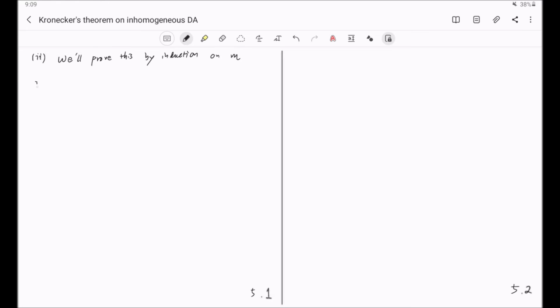First of all, if m is equal to 0, or the script M defined above is trivial, then statement number 2 is trivial, because this is a trivial abelian group, which is free by default. So now we assume that M is not 0.